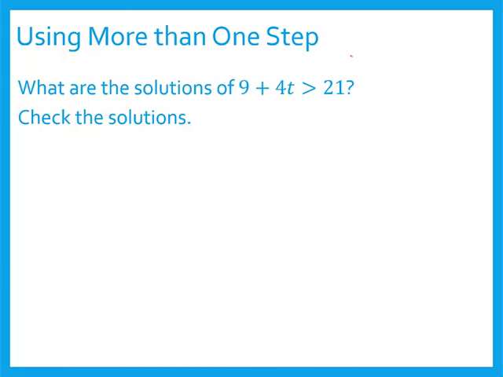Alright, so here's example 1. What are the solutions of 9 plus 4t is greater than 21? So like I said, you solve the same exact way you would an equation. So first we need to isolate the variable. So circle the term with the variable, so positive 4t, and get rid of whatever's on the outside, this positive 9.